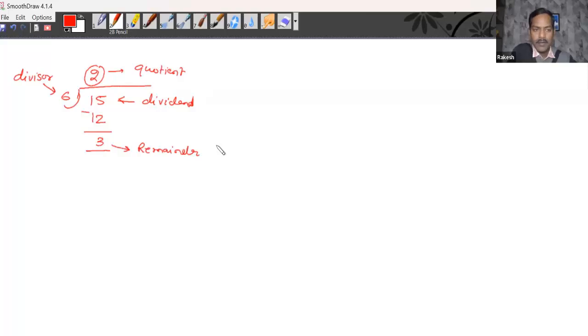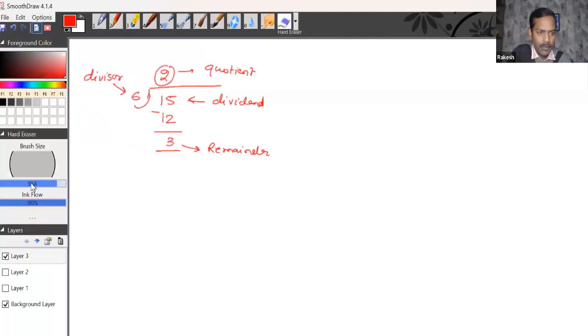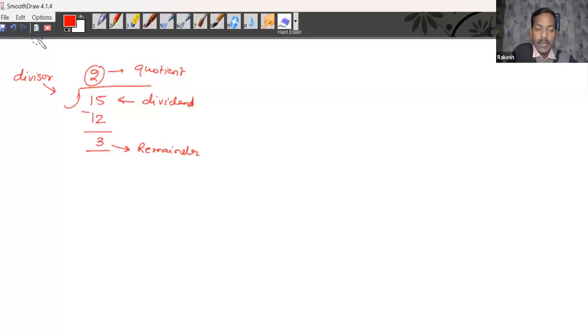Suppose I miss this number, this 6, and say we don't know what this number is. Can we figure out its value?